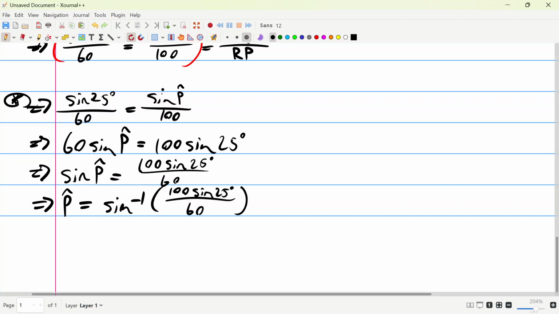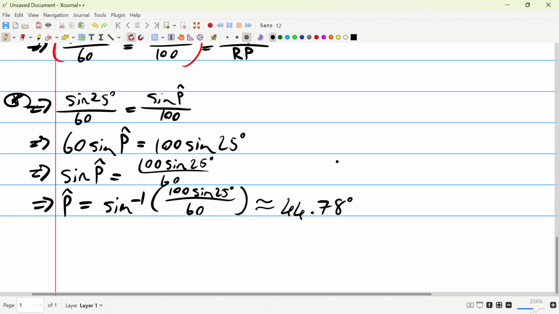Okay. And then what is this going to give us? Well, if you say shift sine on your calculator, then you'll get the arc sine of whatever this is, and then you'll get an answer that's approximately 44.78 degrees.